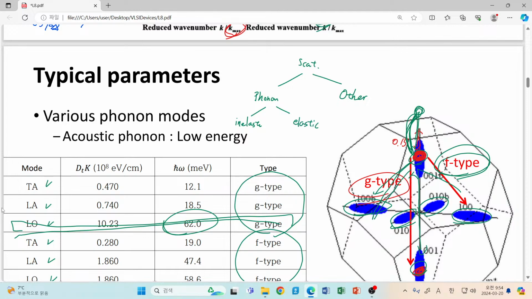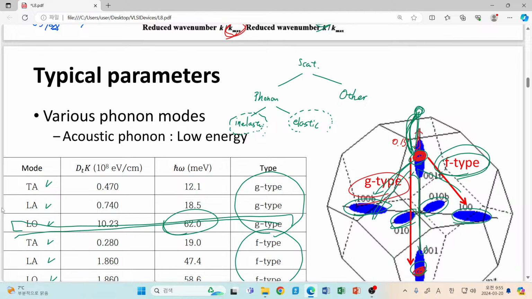As I told you before, in terms of momentum relaxation, the contribution of this elastic scattering is quite high, about 50%.